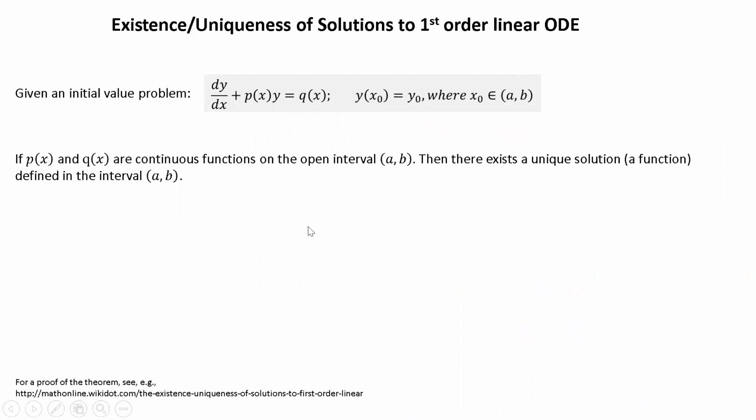So here is a theorem. I just state it without proof. If you are interested in the proof, you can go to this reference here. What it says is that if I have this first order linear ODE in this form, and I specify the initial condition, and if P and Q are continuous functions in some range of x, then there will exist a unique solution for this initial value problem.